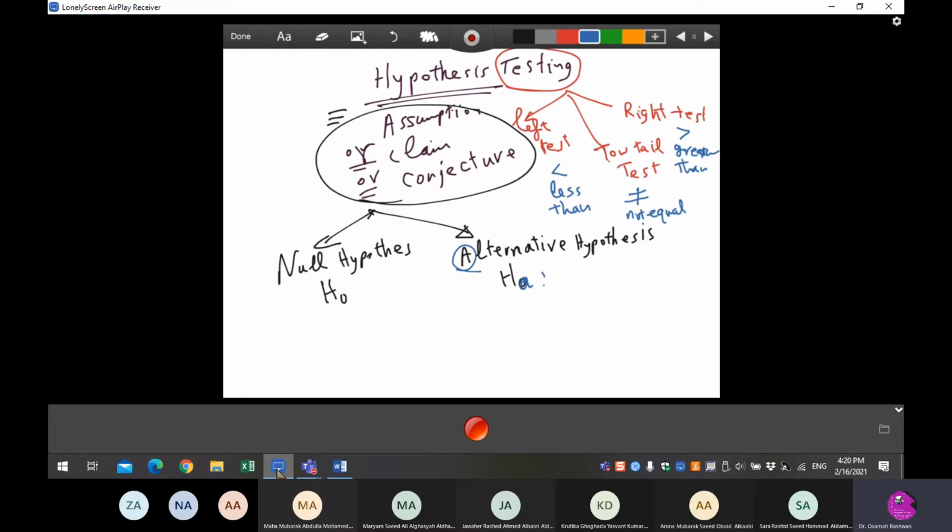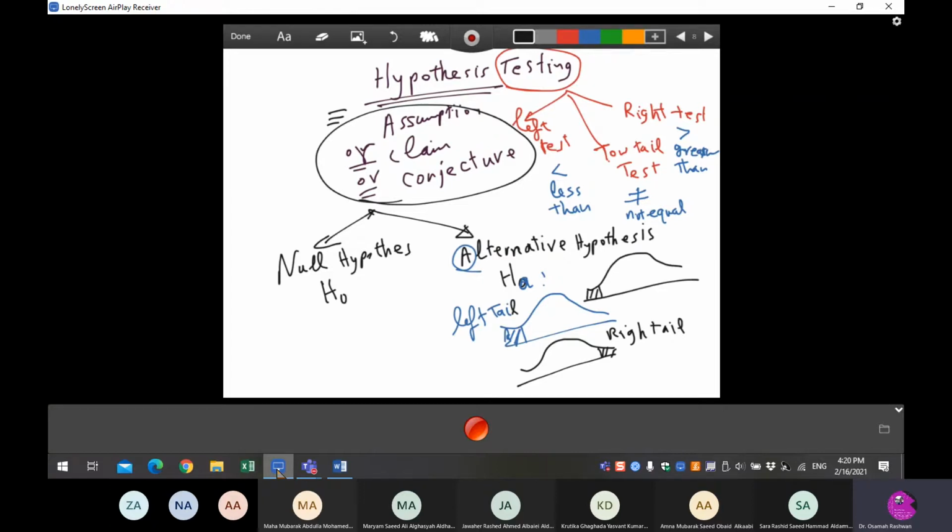So simply you just go for this little graph. This is the left tail. This is the right tail. And when you have two tail, it means you have two critical values.